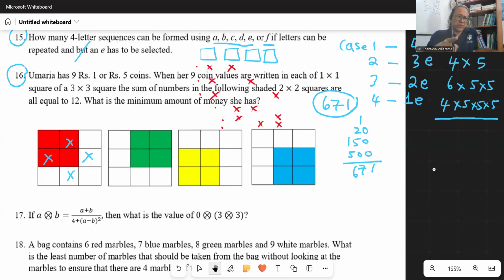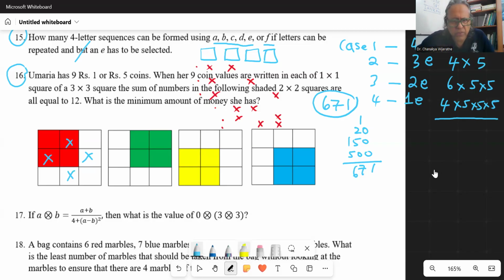In each of the shaded regions, we have 2 5 rupee coins. Maybe I should write 5s, not the crosses, because it complicates things. So 5 here, 5 here, 5 here, 5 here, and other squares have 1s.